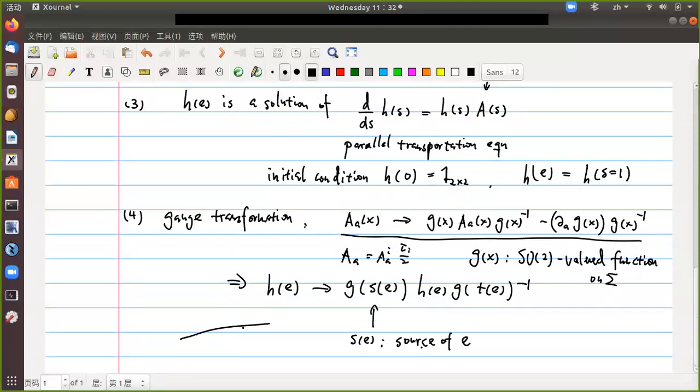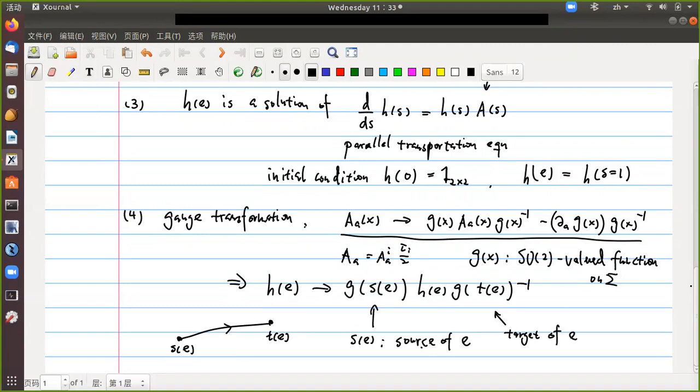So here you have an edge e, and this point, the beginning point, is called the source of e, and the end point is called the target of e. So here t(e) is the target of e.